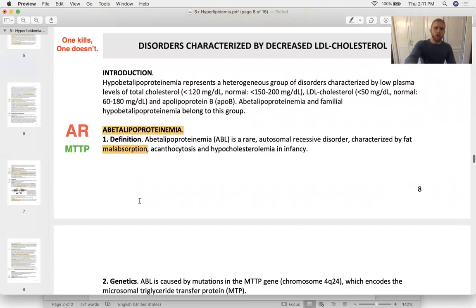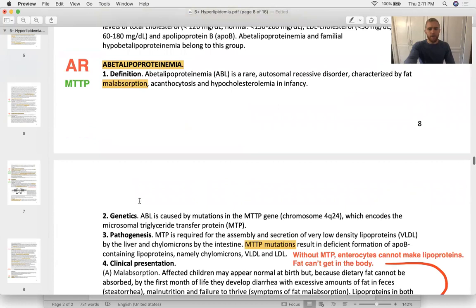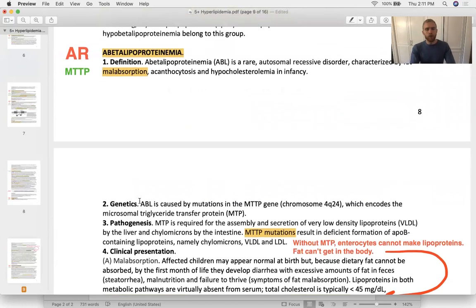Abetalipoproteinemia is an autosomal recessive inherited defect in the microsomal triglyceride transport protein. And MTTP is necessary for the efflux of cholesterol into the bloodstream. So you have to be able to pump triglycerides, you know.